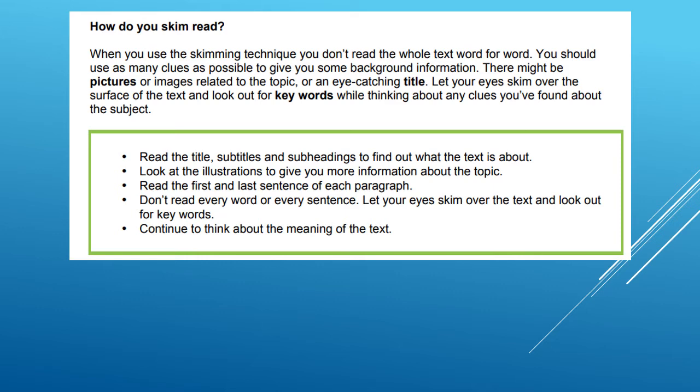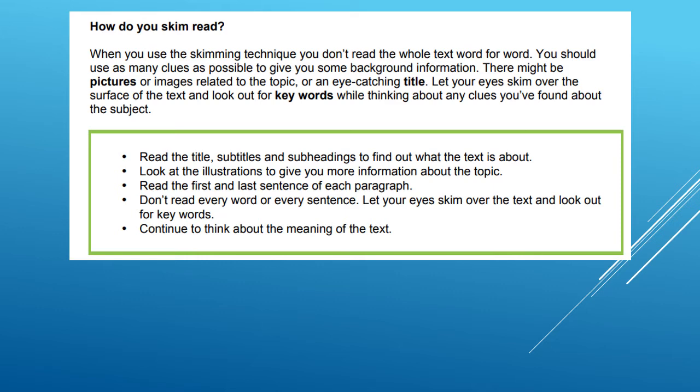Let your eyes skim over the surface of the text and look out for keywords while thinking about any clues you found about the subject. So you are not reading word by word. You are looking at the pictures, you look at the title, you look at the keywords, and then you are trying to get a general idea about the theme or the topic or the meaning of that text.